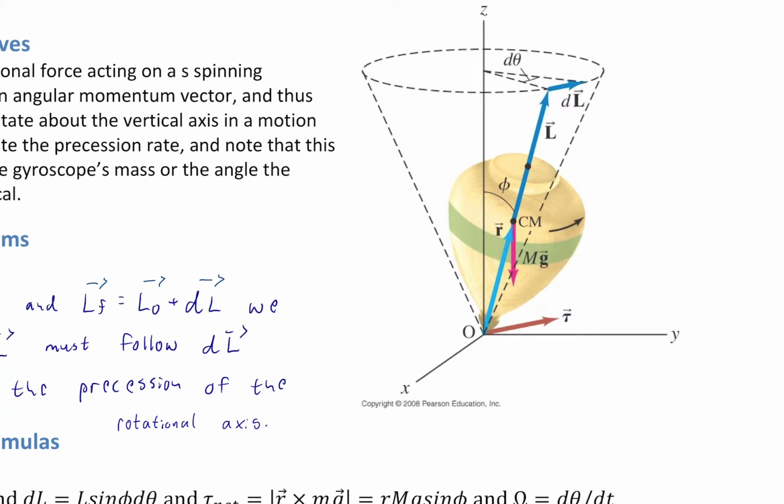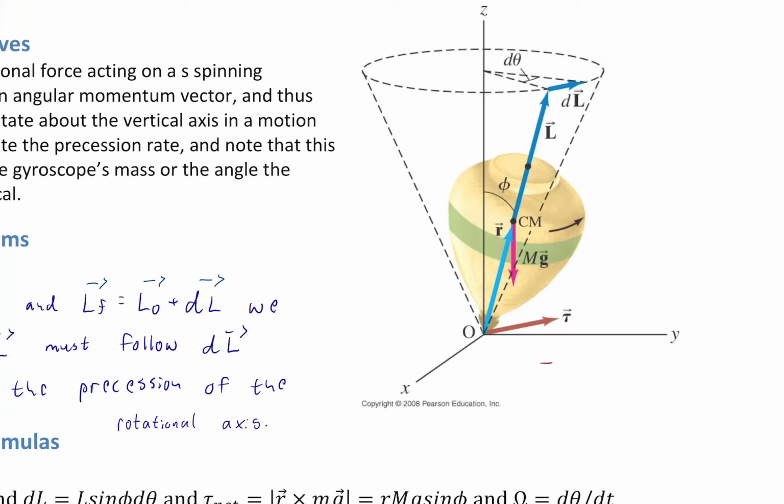All right, so what does that mean, though? What's the consequence of that? Well, torque and angular momentum must be parallel to each other by Newton's second law. So that means that the change in angular momentum must also point into the page. Okay? Right?